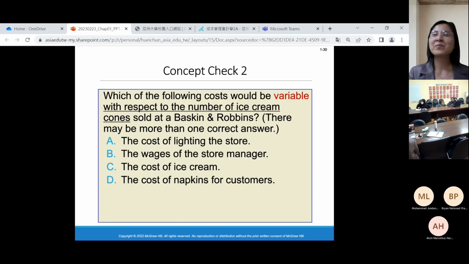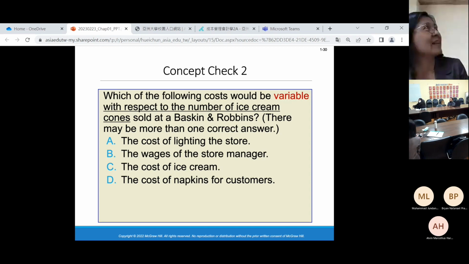Okay, so do this one. Which of the following costs would be variable with respect to the number of ice cream cones sold at a Baskin and Robbins? There may be more than one answer. A and B, variable cost?